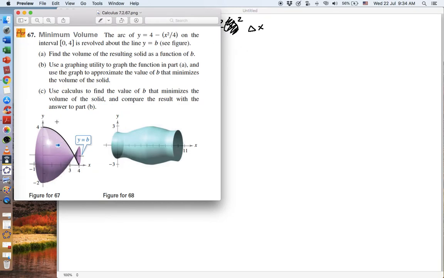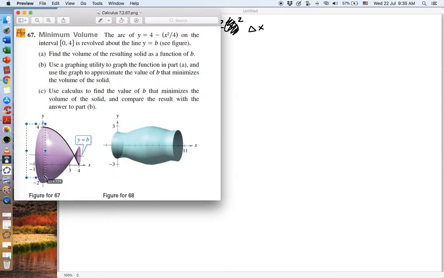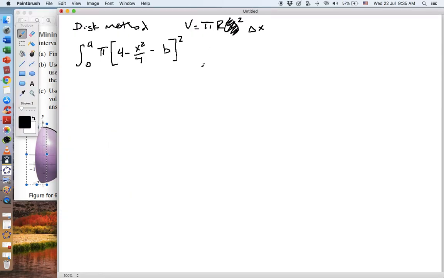And so when we subtract the bottom axis of revolution from that curve, then we're getting half of that, and then we take care of the rest by applying that squared there. So we got pi r squared again, which is how we find the area of a circle. And if you looked at it from the end or took a cross section, it would look like a circle since we're revolving around that axis of revolution. And then we've got dx there, just showing that it's an integral.